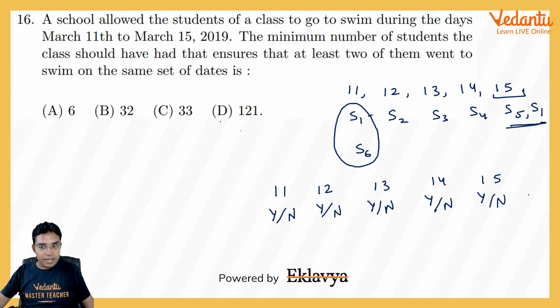So you can see, as a student, I will have 32 possible schedules to go or not to go to the swimming. In these 32, there will be one possibility in which I will be going on all 5 days. There will be one possibility where I will not be going on any of these 5 days. But there are a total of 32 possible schedules that I can have.